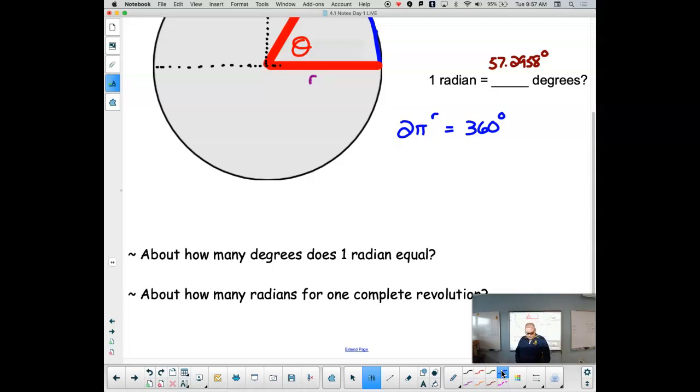And that's the degree measure of 1 radian. We're going to expand off of that because we're going to need to use that to convert back and forth between degrees and radians.